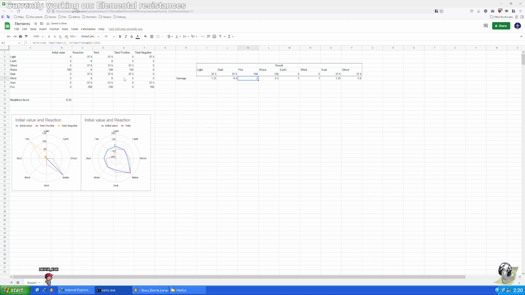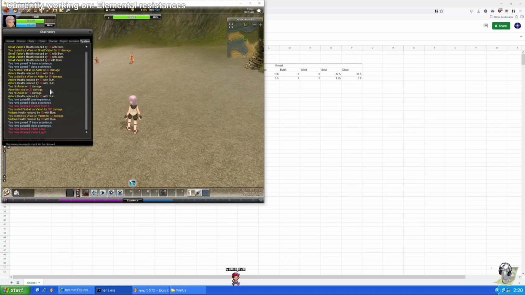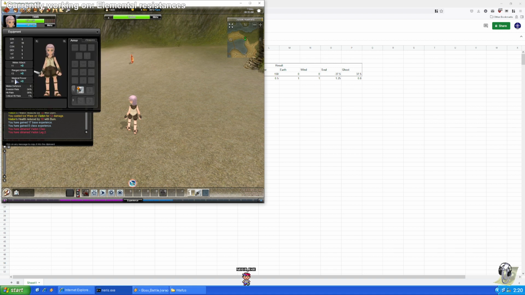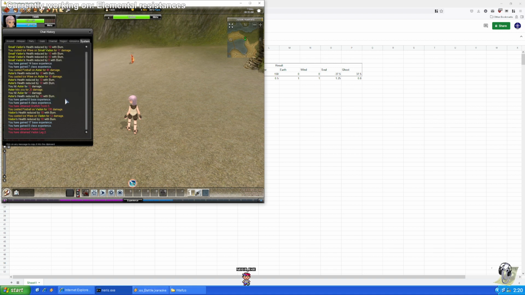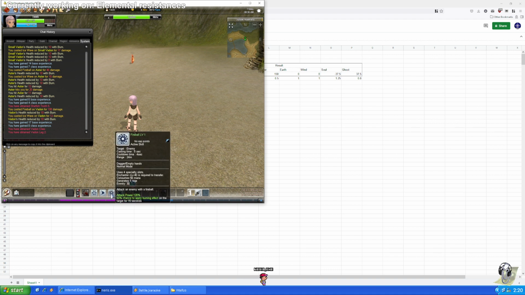So for big ones, the resistance is 150. So if I attacked with fire, it's 2 times the damage. This is why we have 108. Which is basically our double damage.